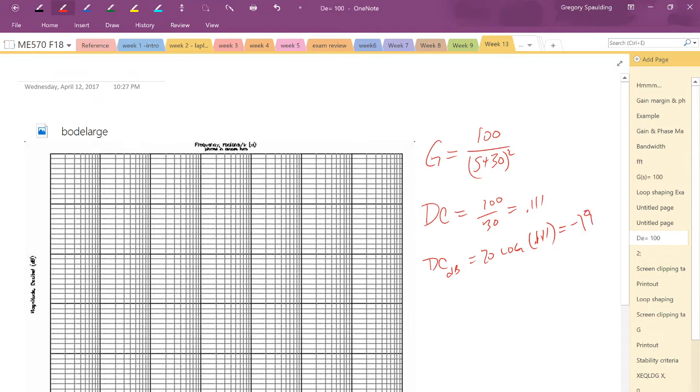Okay, and so looking at this, 10 to the 0, 10 to the 1, 10 to the 2, 10 to the 3, 10 to the 4.